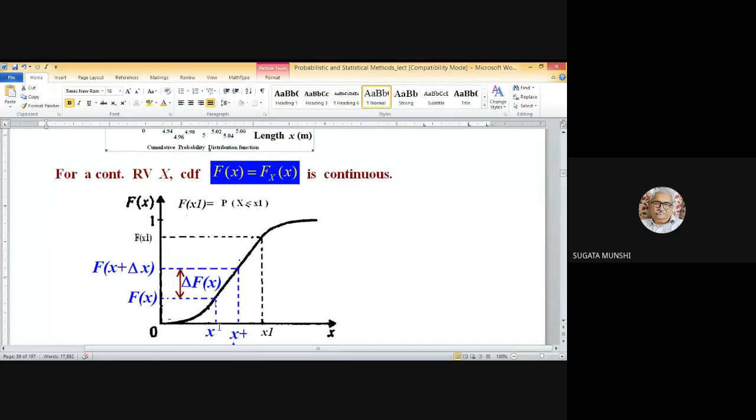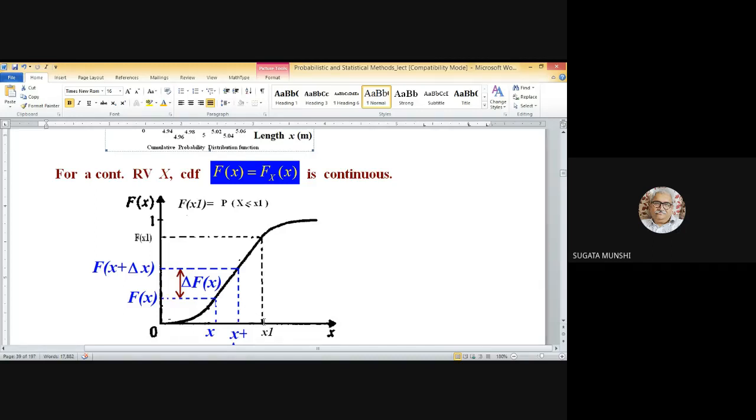So if for a certain value of small x, it's Fx, then if you make an increment in the value of small x, from small x to small x plus delta x, there will be an increment in the cumulative distribution function value by delta Fx.